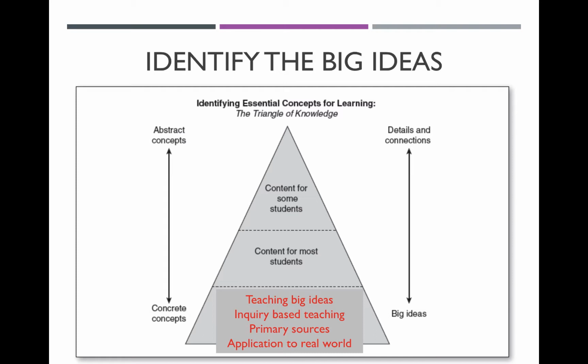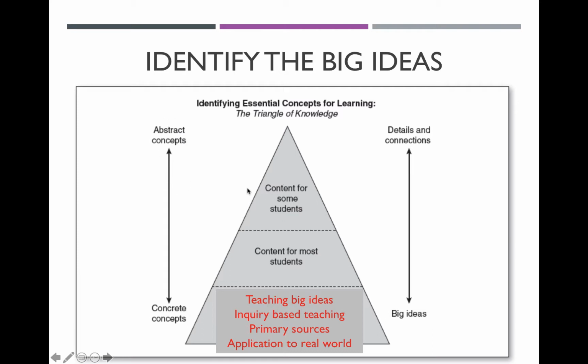Moving up the pyramid, we have content that most students should be exposed to, should know. And then all the way at the top, we have content for some students. You will also notice that the top component of the triangle is more so looking at abstract concepts.